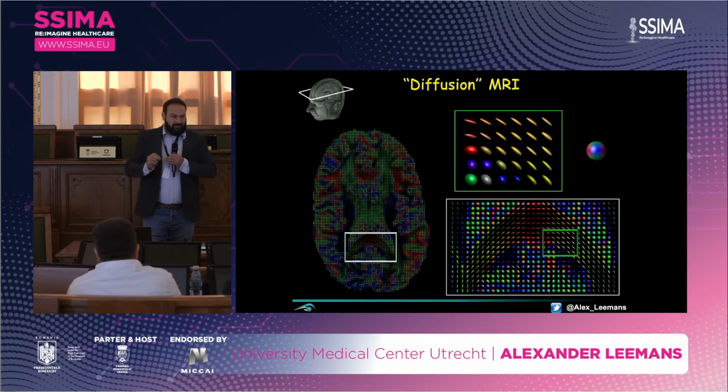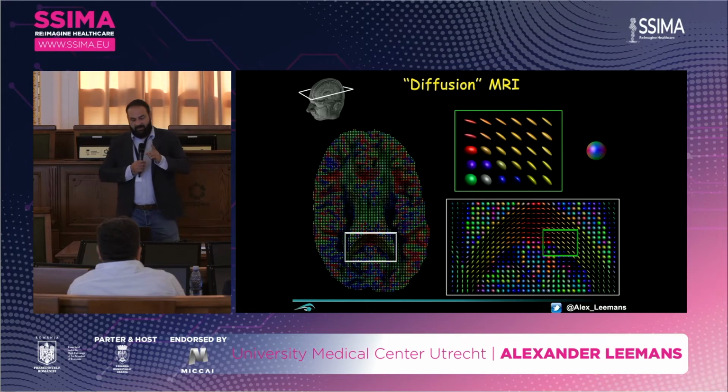It's not very convenient. First of all, the color in this case is defined by the orientation of the ellipsoid. So if you look at the main axis of the ellipsoid, you can just think of it as an orthonormal vector, you can take the absolute value, you get 3 values, and you can map it to RGB values, right? And then you get the colors here.